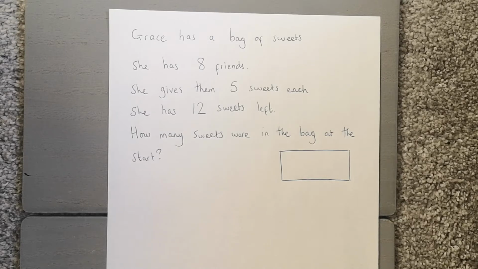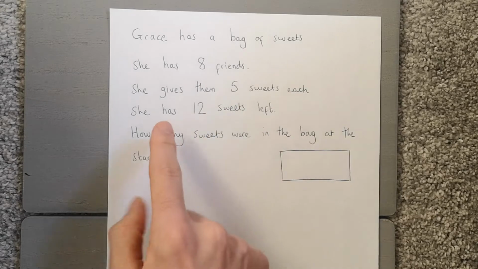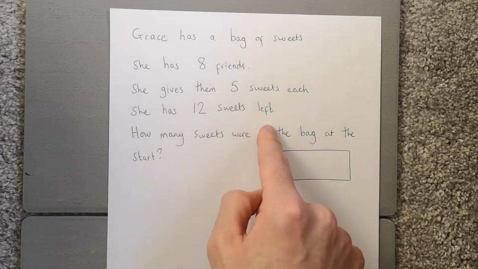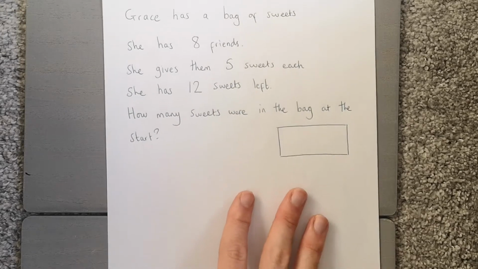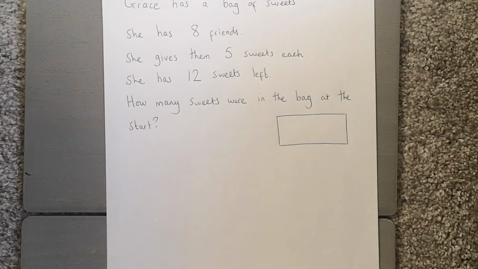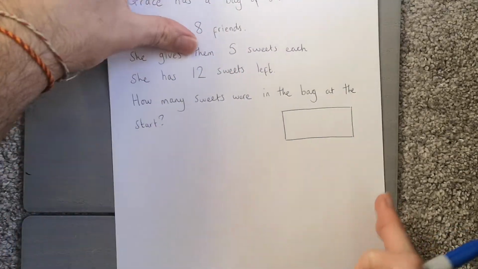Now, there's a lot going on in that question. She's got 8 friends. She gives 5 sweets each to them, and then she has 12 sweets left. The best way to do it is basically to draw it out. So I'm going to draw my 8 friends. Let me just get a piece of paper to put underneath so it doesn't go through.